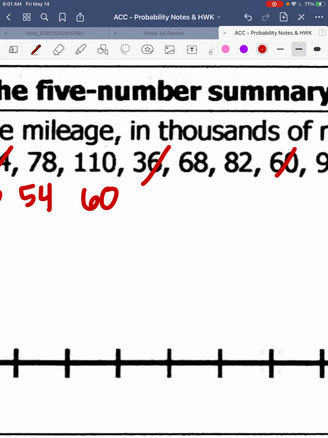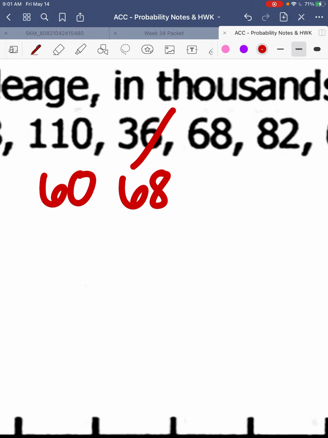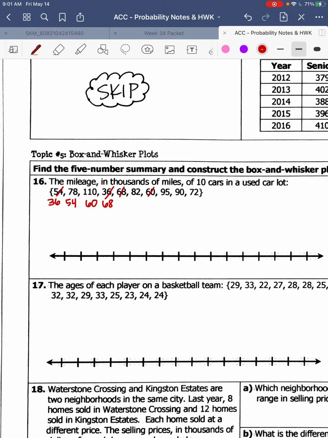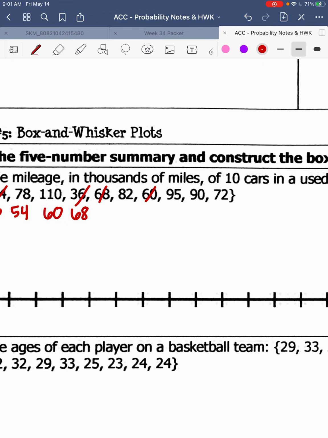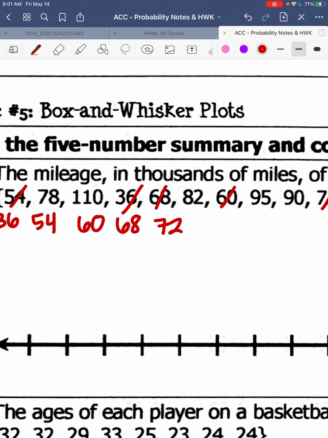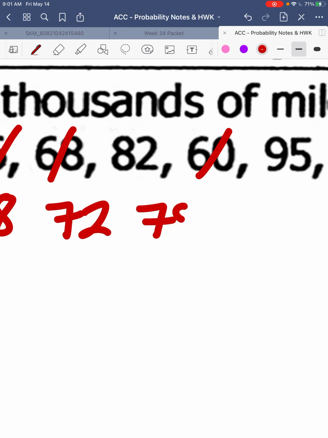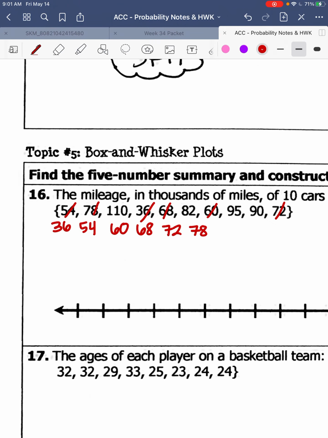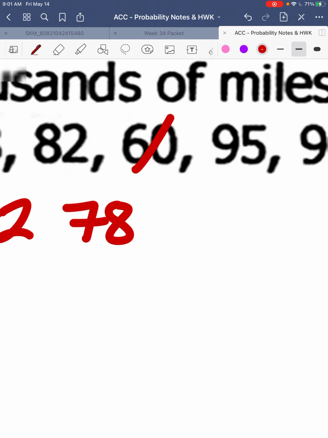And then a 68. After that, there's a 72. And a 78. And then I've got an 82.